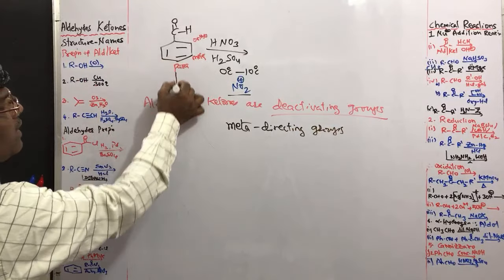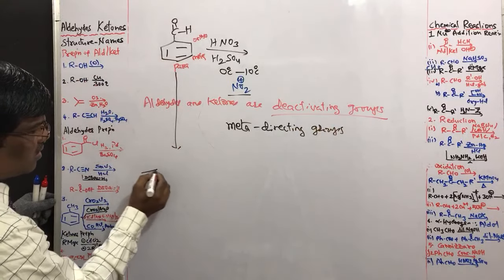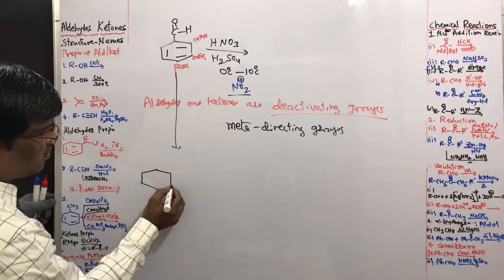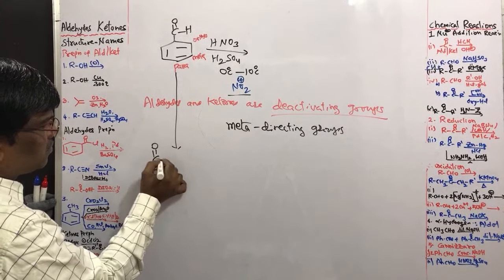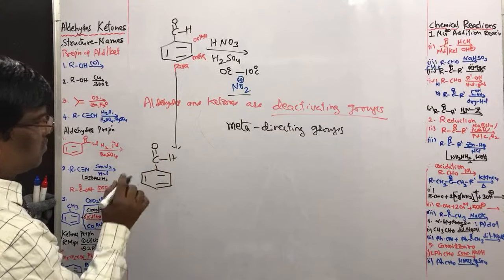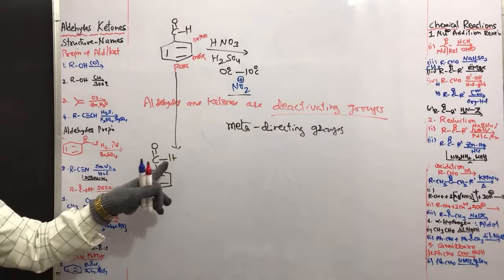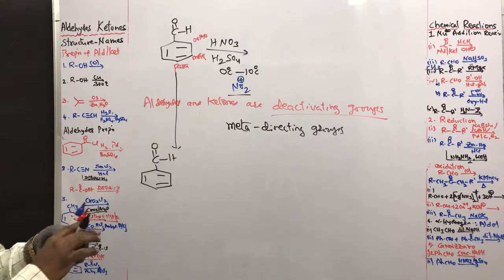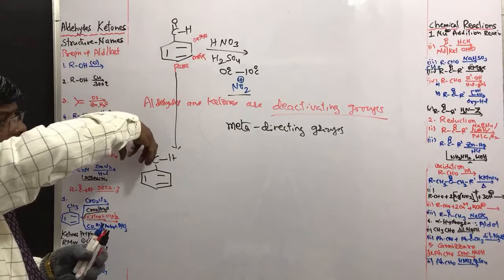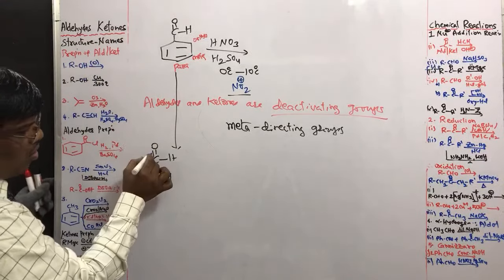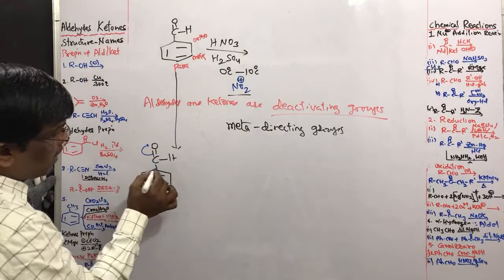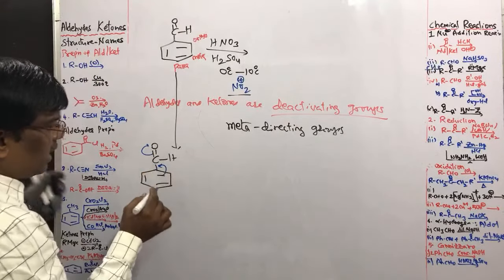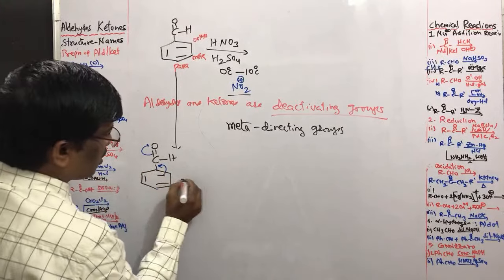If you write the resonance structures, this carbonyl compound is an electron withdrawing group. So oxygen withdraws the electron pair of the pi bond, and from the ring it is going to form resonance structures like this.